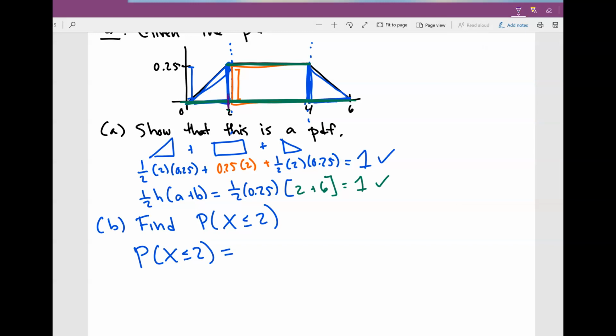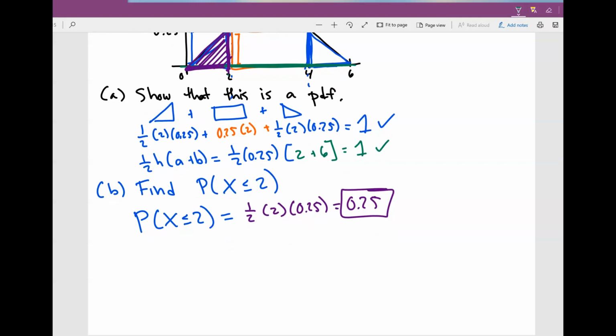Here is 2. Everything less than that is all of this guy. So we are finding the area of this particular triangle. That's going to be 1/2. The base in this case is going to be 2. The height of this triangle is going to be 0.25. And what we're going to get is 0.25. So that is going to be the probability of that.